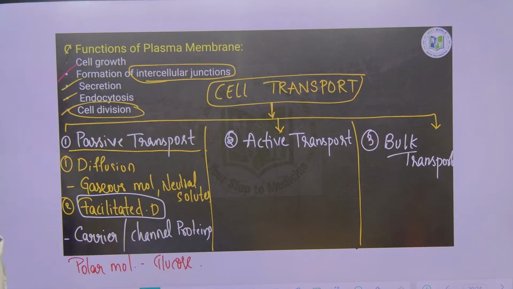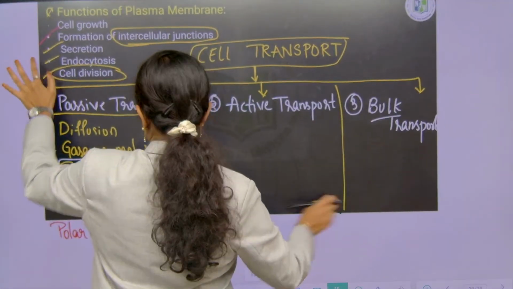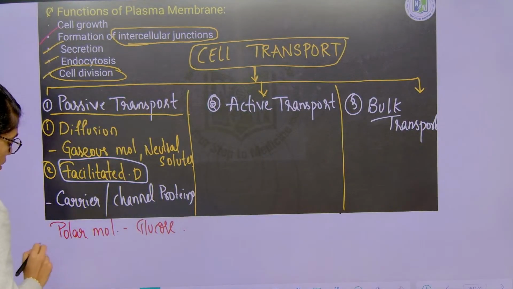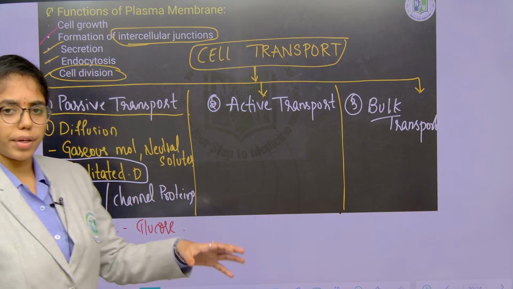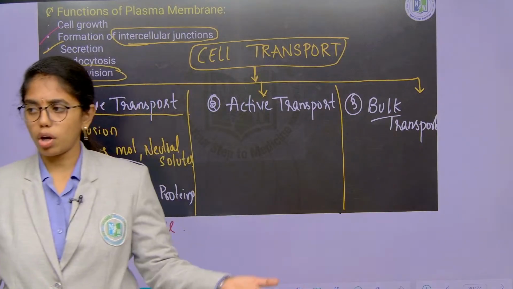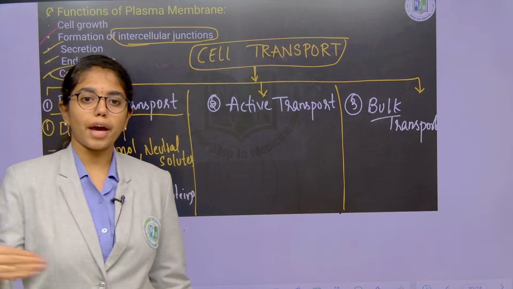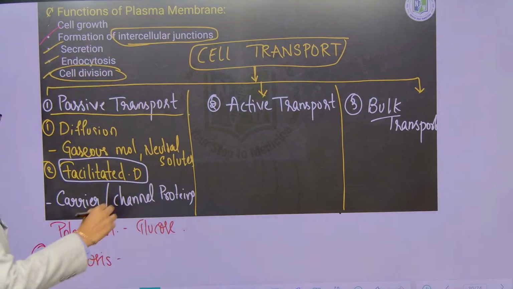And third mode of transport is osmosis. Osmosis is also transport of solvent molecules from high to low concentration, or high water potential to low water potential, via a semi-permeable membrane.